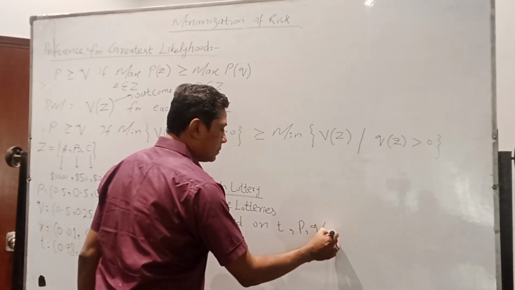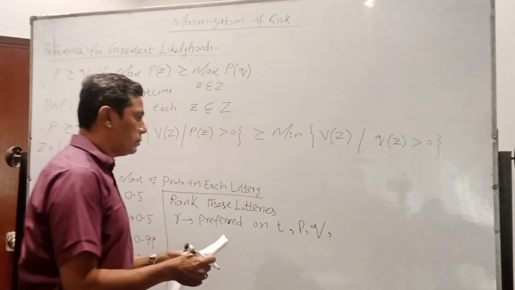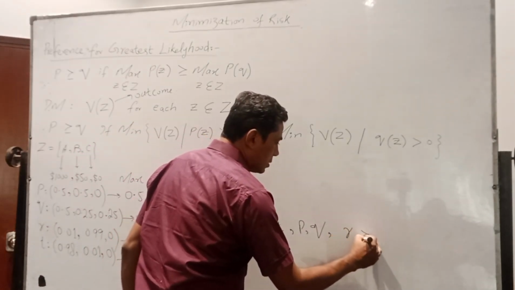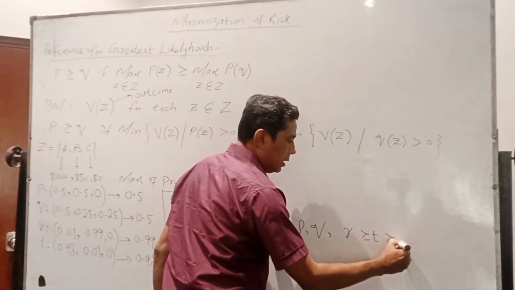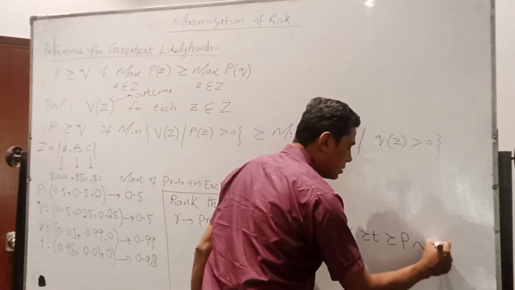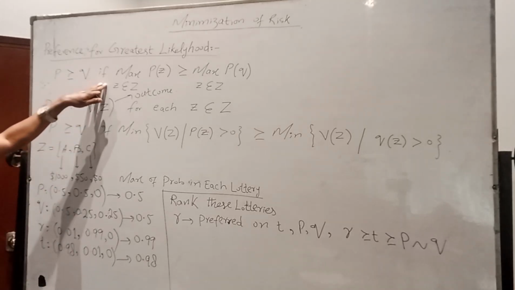So I can write this: R is at least better than T. Am I right? Clear? And T is at least better than P and Q, and between P and Q you are indifferent. So now the first condition is clear.